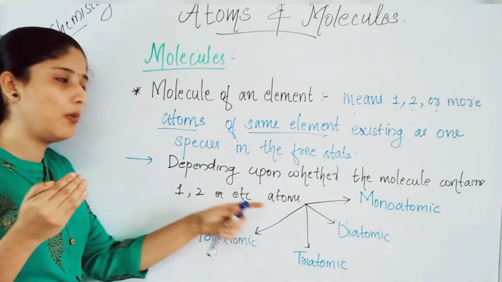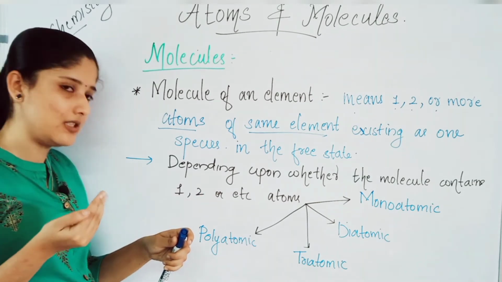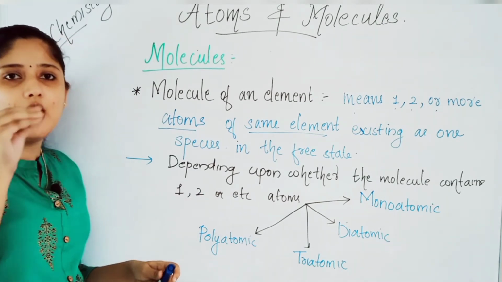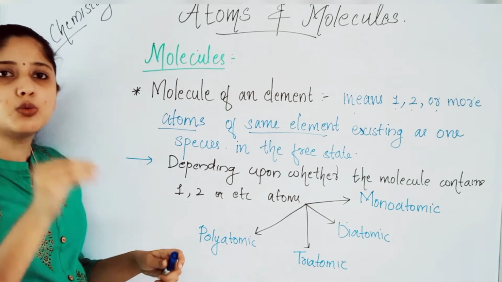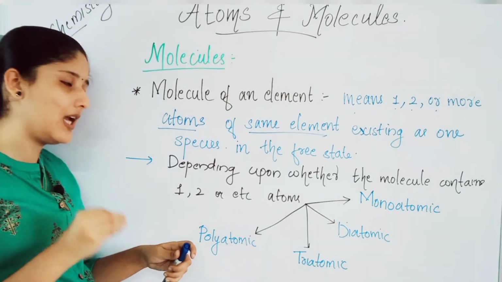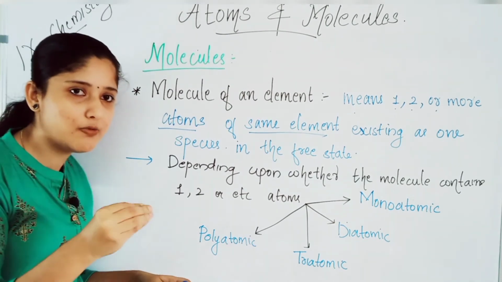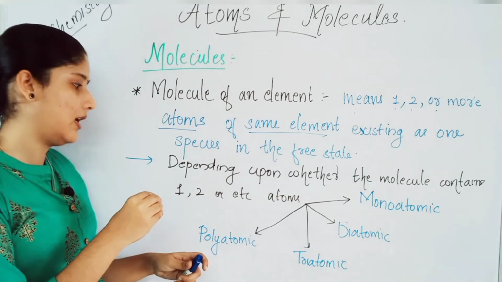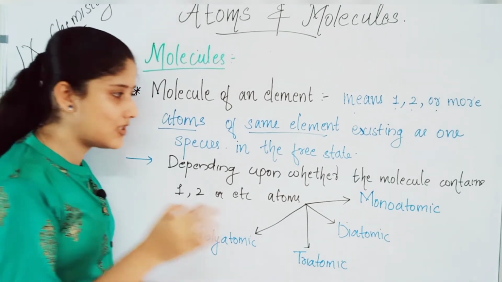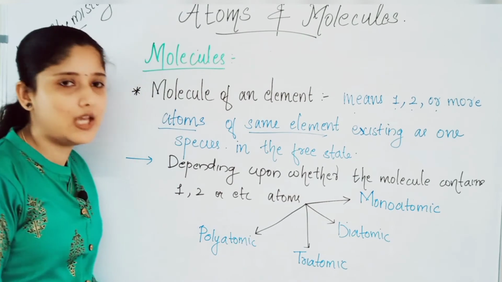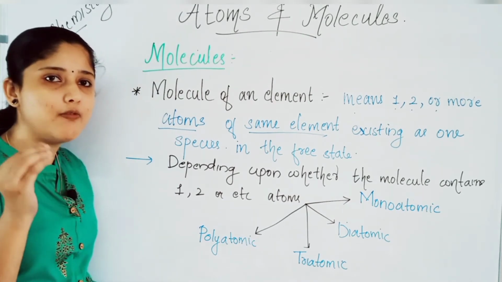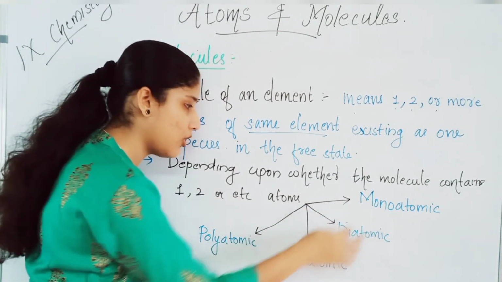Depending upon whether a molecule contains one atom, two atoms or three atoms of the same element, they are classified into different names. The first classification is monoatomic. If the molecule contains only one atom, then it is monoatomic.